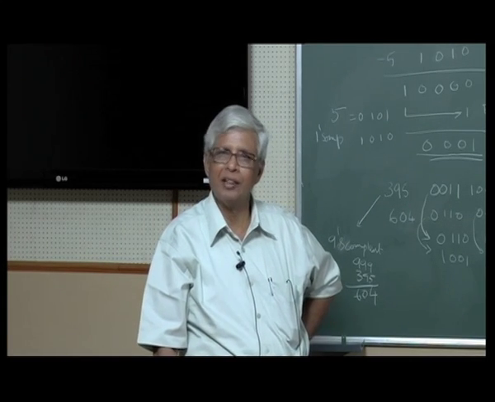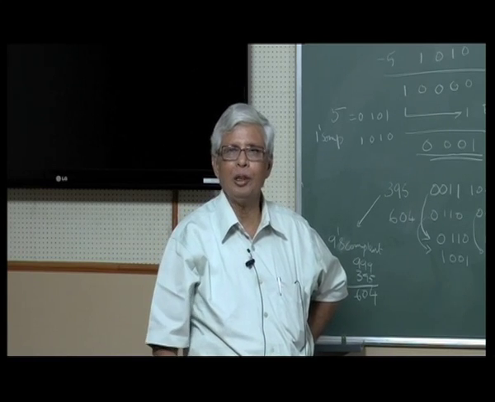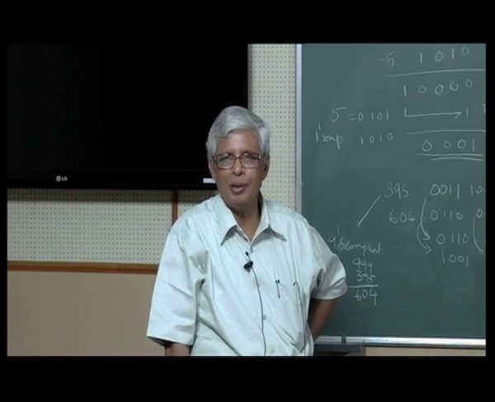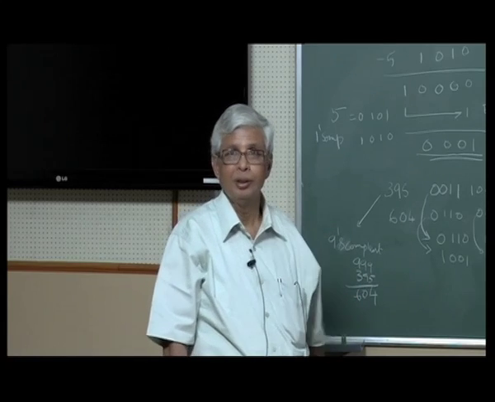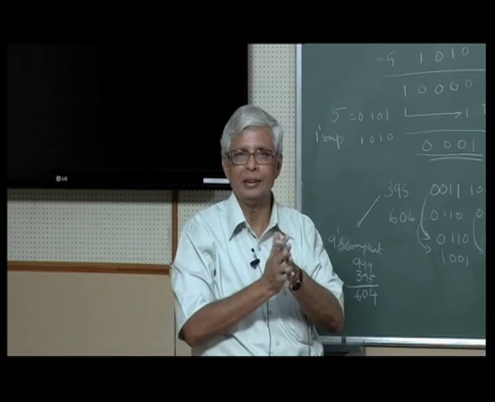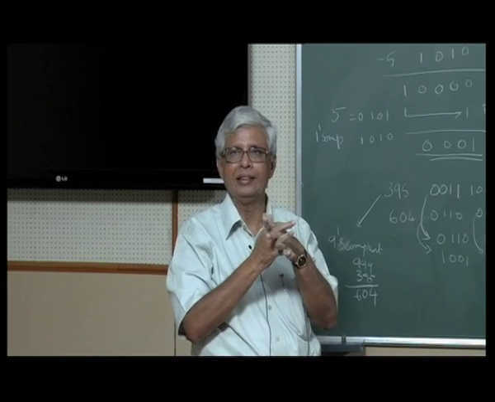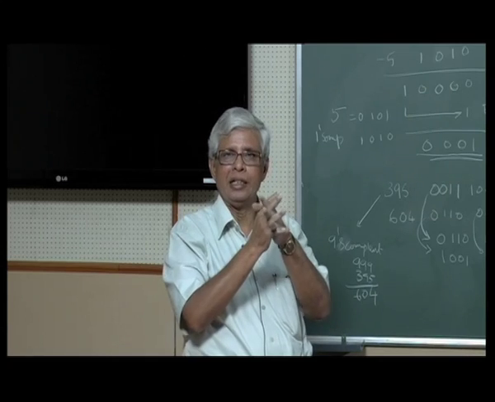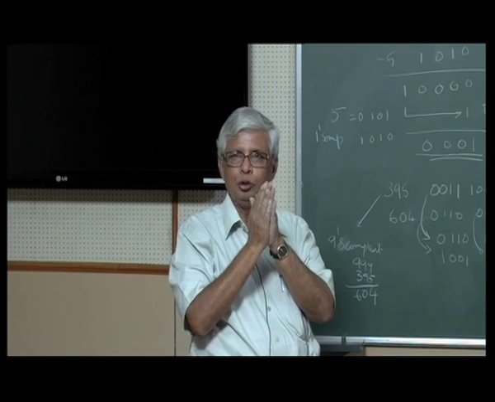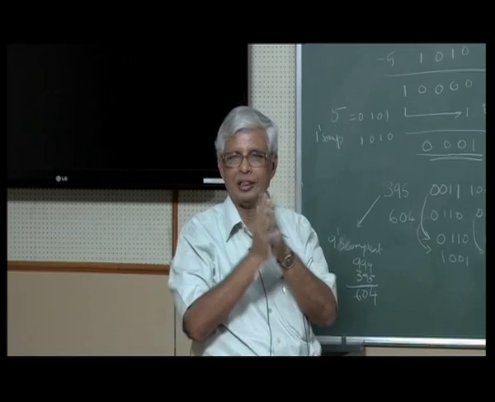Not necessarily 8 bits. 7 bits is enough. 7 bits is giving you 128. How many alphabets are there in the English alphabet? 26 uppercase, 26 lowercase, so 52. Special characters, numbers, numerals, all that put together, 127 is enough.